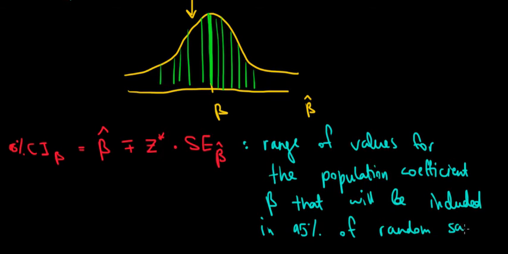So in other words, if we take very many random samples, and we draw confidence intervals around that sample coefficient, in 95% of the cases, in 95 of those confidence intervals out of 100, we will have included the actual population coefficient.